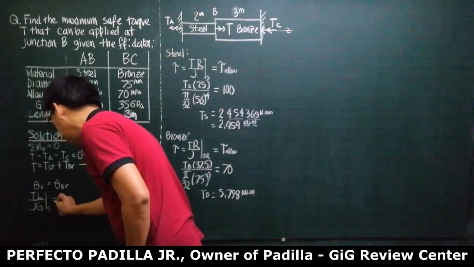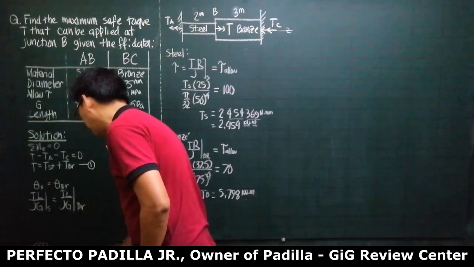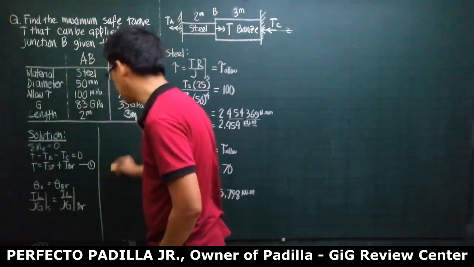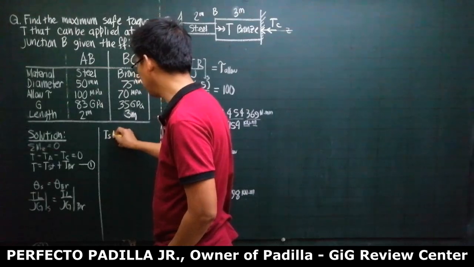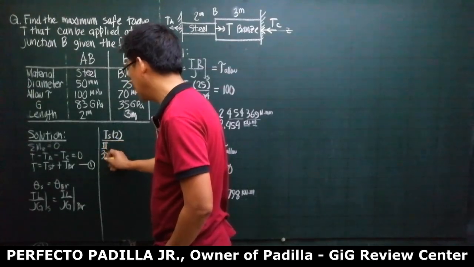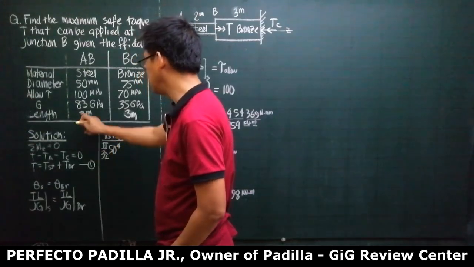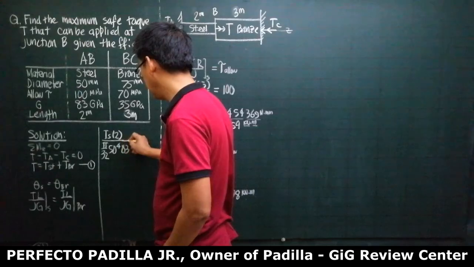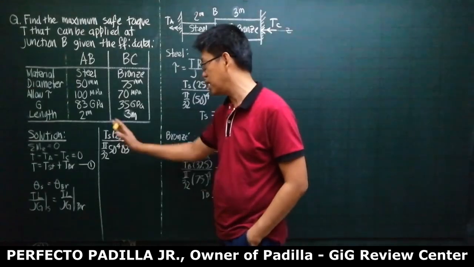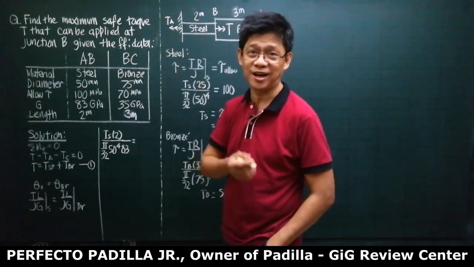So making the substitution, this is the torque in steel, the length of steel is 2 meters, the J of steel is pi over 32 times the diameter to the fourth, 50 to the fourth, times G, that is 83. I am not paying much attention to consistency of units. Anyway, the units on the right side are the same as the units on the left side, so they are still consistent.